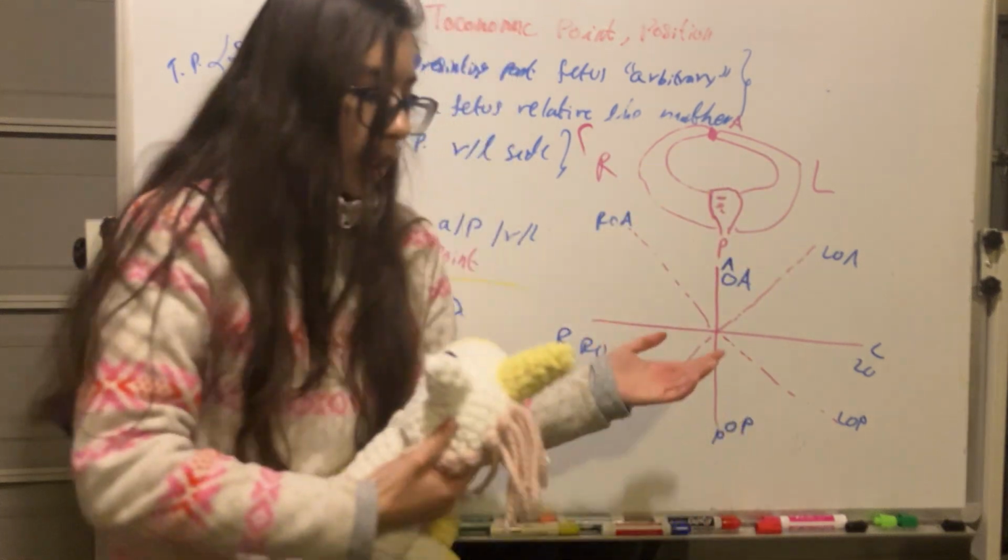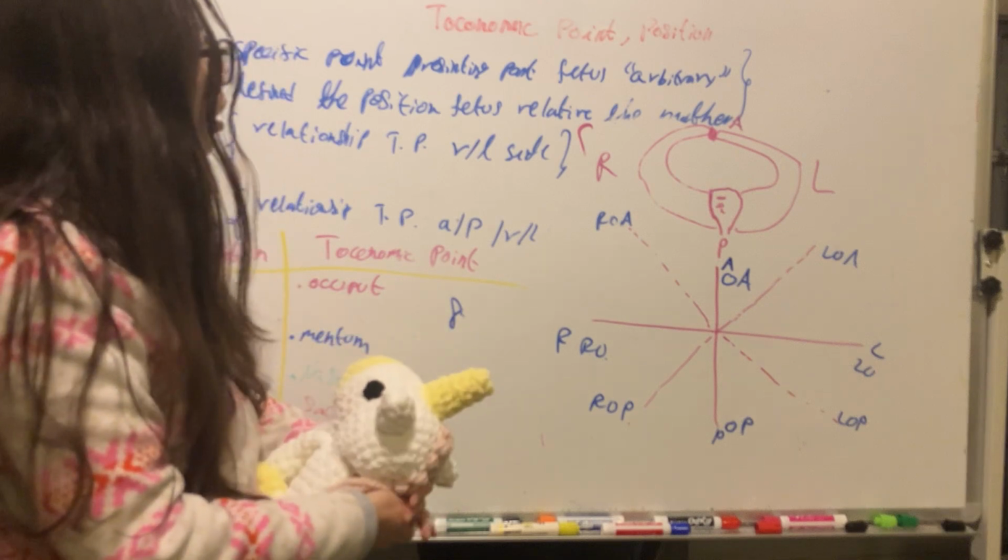So these are the varieties we can have of the tokonomic point.